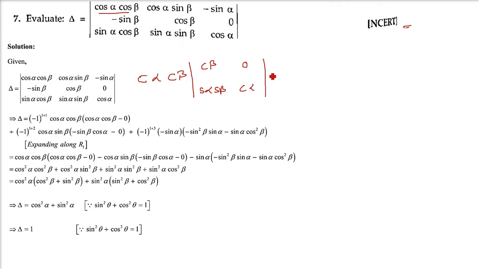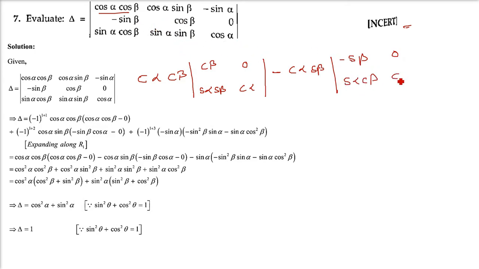Now minus. This is cos alpha sin beta. And then inside this we have, leave this, so minus sin beta, and then we have 0 and sin alpha, cos beta.